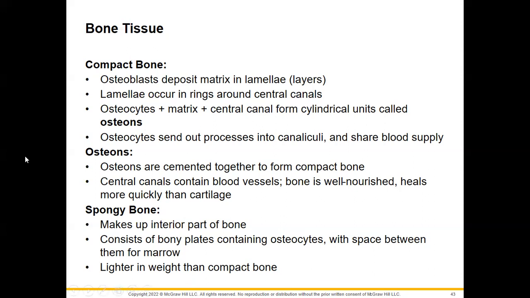And as I mentioned before, your central canals contain things like blood vessels. So bone is very well nourished because bone has lots of blood vessels running through it to feed the bone tissue itself. So bone, when it is damaged, is going to heal much, much more quickly than cartilage. Cartilage, remember, does not have its own blood supply.